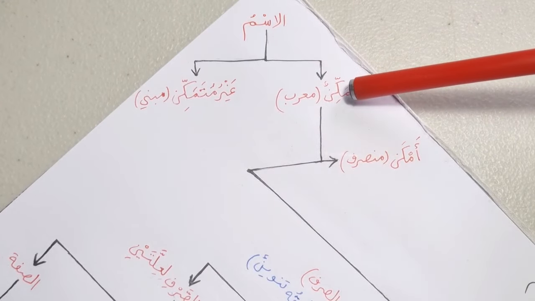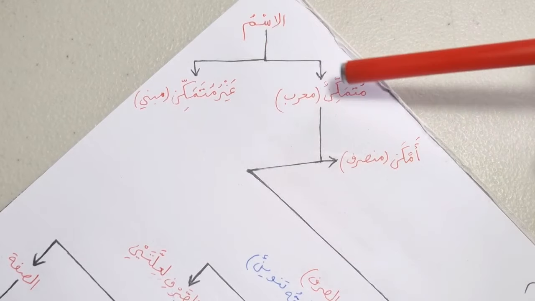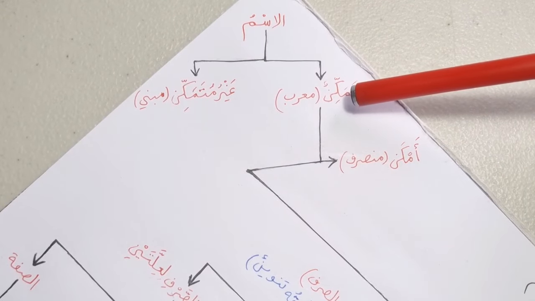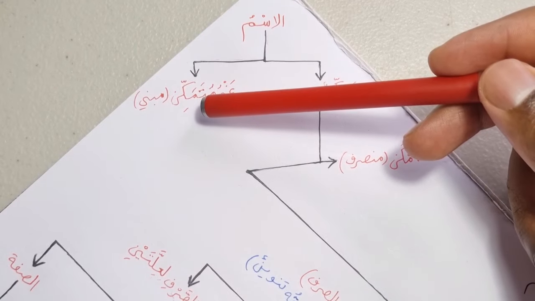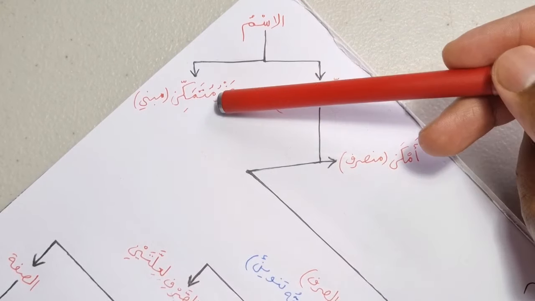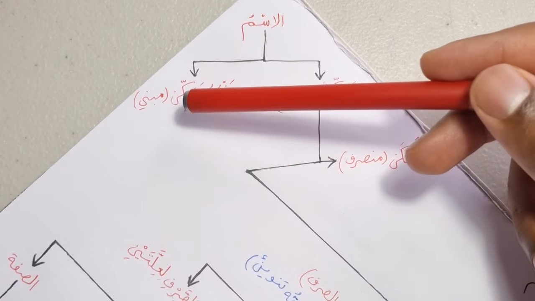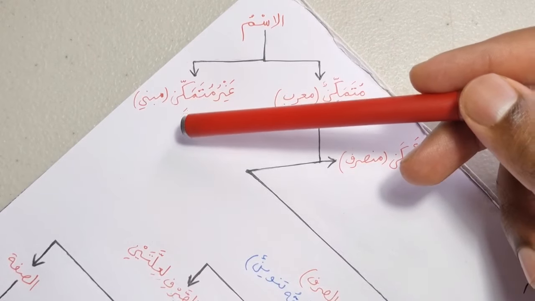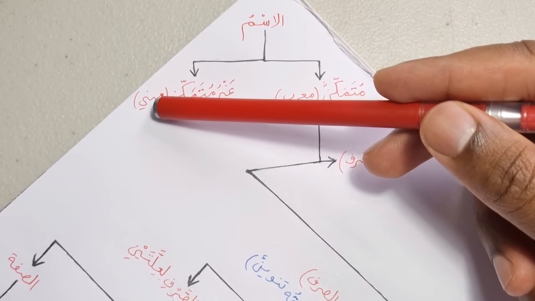And the reason why they refer to them as mutamakkin, ghayr mutamakkin, is because the noun which is mutamakkin basically means it's a strong noun. And the noun which is ghayr mutamakkin, it means it's a weak noun. A noun becomes weak if it resembles the huruf. If a noun resembles a huruf in one of its characteristics, then it becomes mabni, it becomes fixed, because the huruf are all fixed.